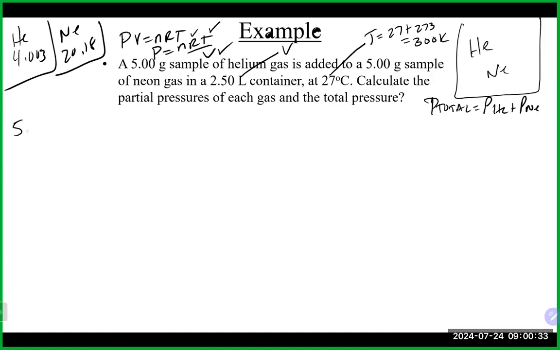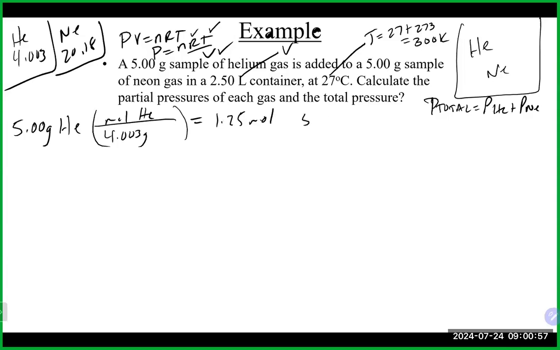So we just need to convert each of these into moles and then go into our ideal gas law. So we'll start with that, 5 grams of helium here. We'll use the molar mass from the periodic table, 4.003 grams per mole of helium. That will give us for helium here 1.25 moles.